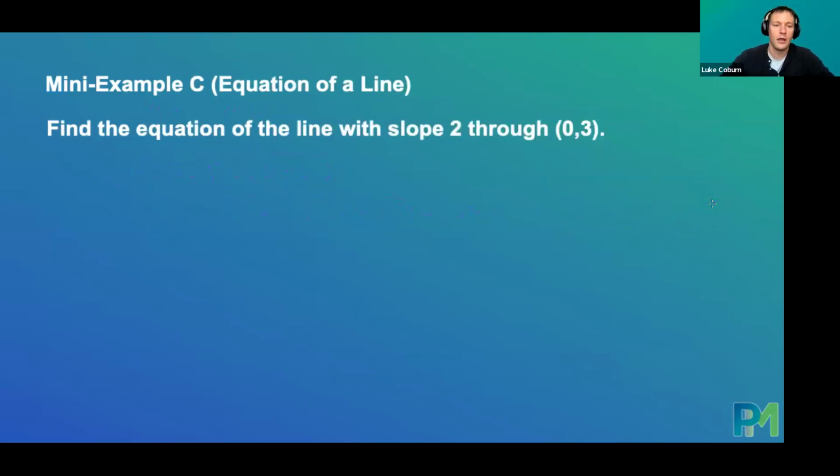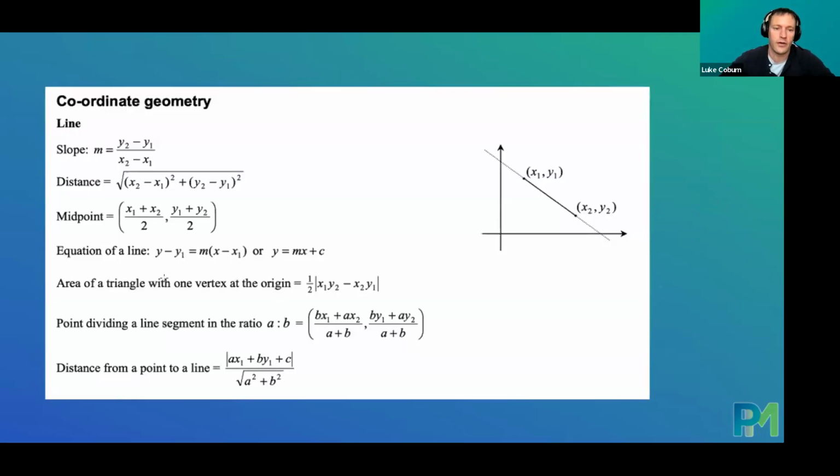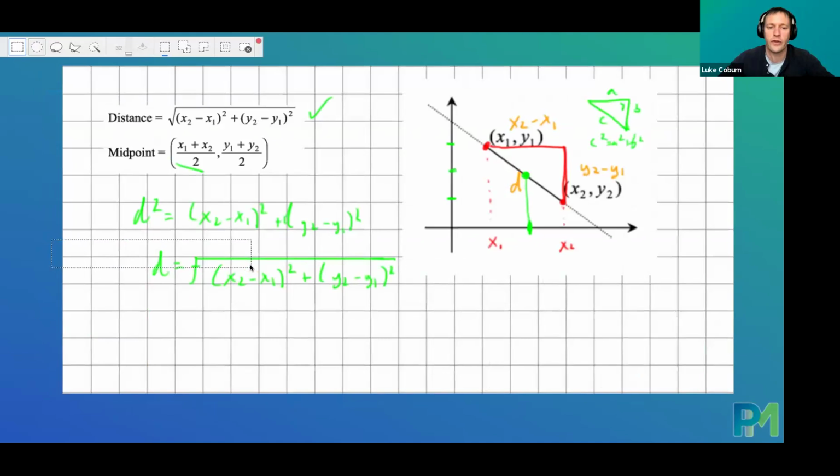So okay, find the equation of the line with slope 2 through the point 0, 3. And if we go back and look down for the equation of a line formula, we're going to need this one here. So far these questions have been pretty straightforward, right?